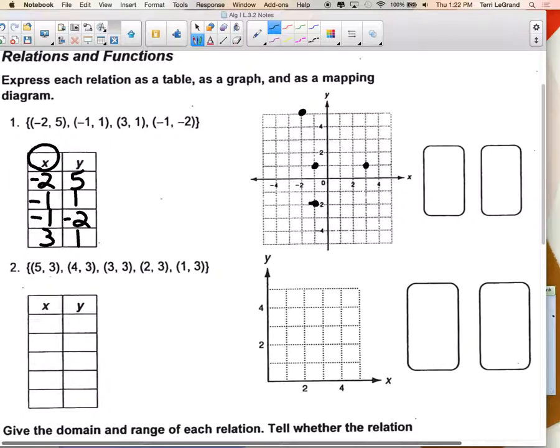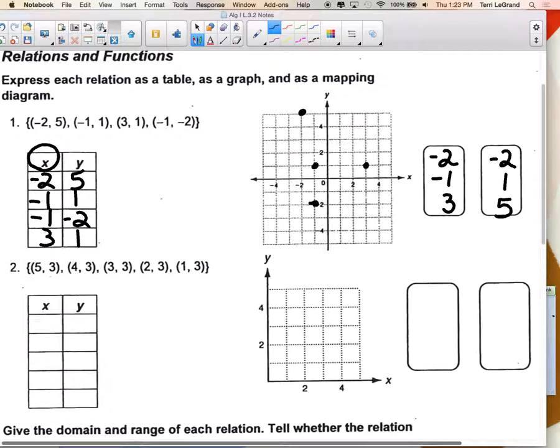When we do our mapping diagram, we don't get to see the ordered pair relationship until we do the actual mapping. So we start by putting the least x value to the greatest with no repeats. We do not need to write our -1 twice. And then we write our y values from least to greatest. We do not need to repeat that y value of 1.